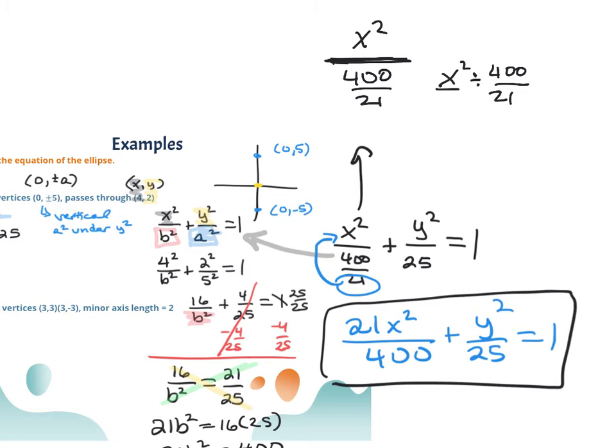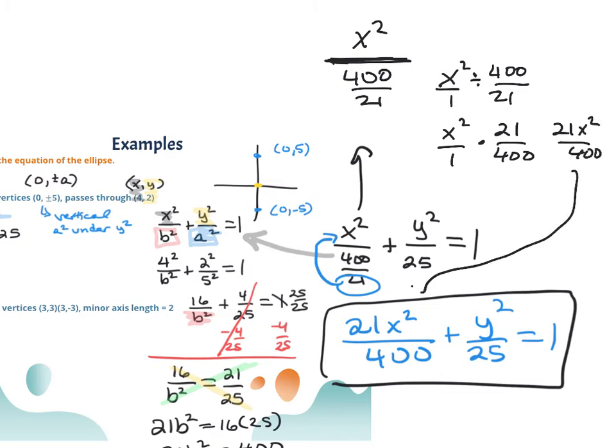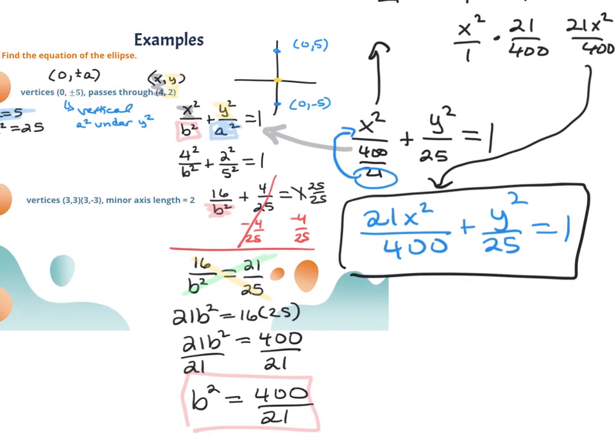Remember, when you divide fractions, you do a keep flip change. So change it to multiplication, flip it upside down, and then it's 21x squared over 400. So that's how I got the new fraction. But bottom line, if you have a fraction in your denominator, to get rid of it, we would flip it up to the top. So that's your final answer there.